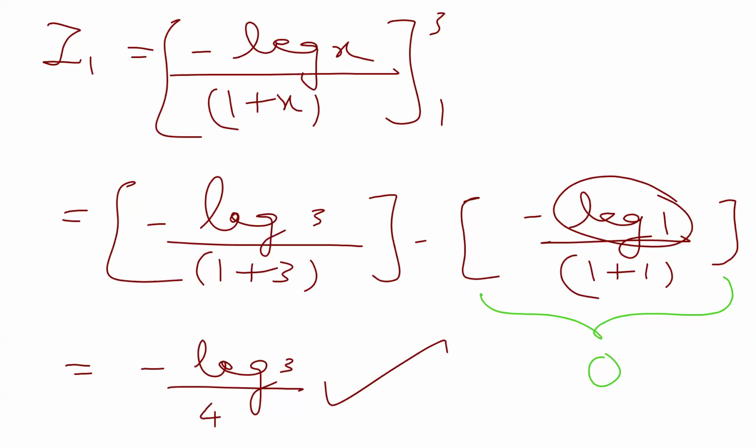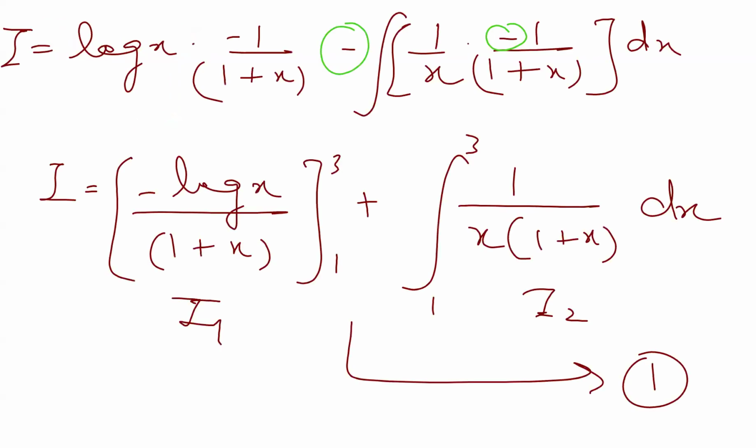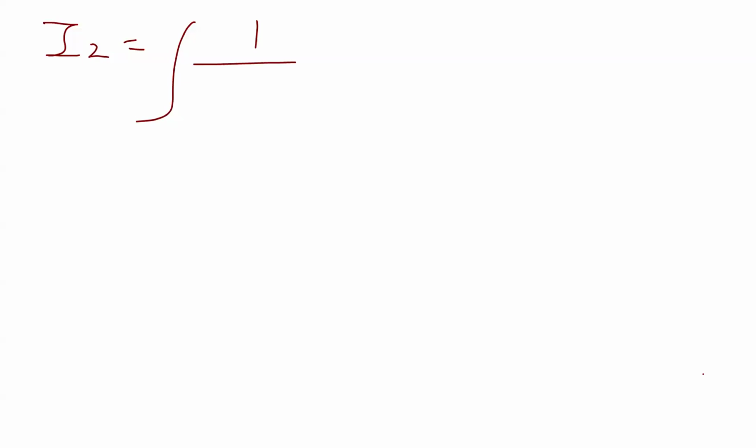Now I2 integration. I'll take you to I2: 1 upon x, 1 plus x. Now this is partial fractions type 1, but then I will avoid that.